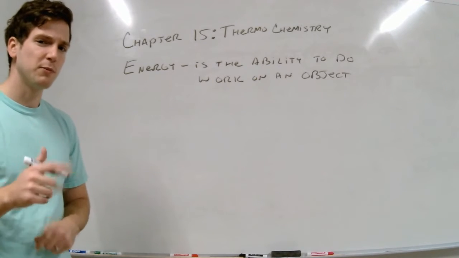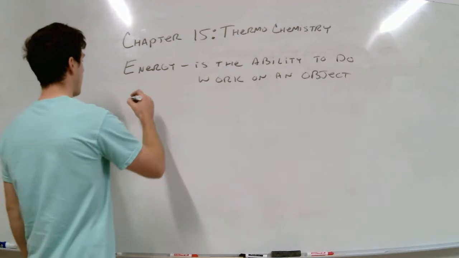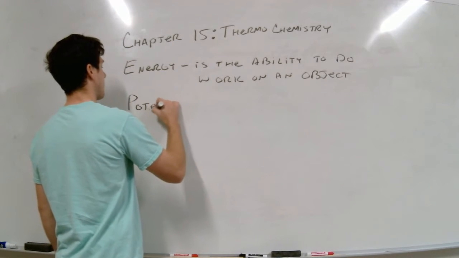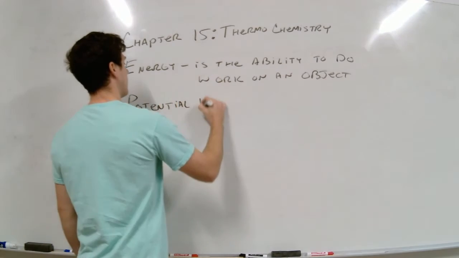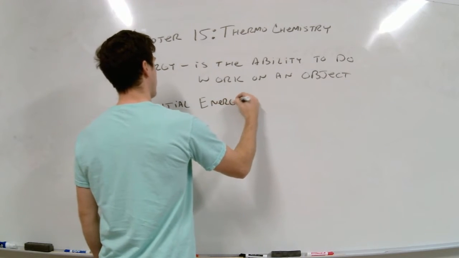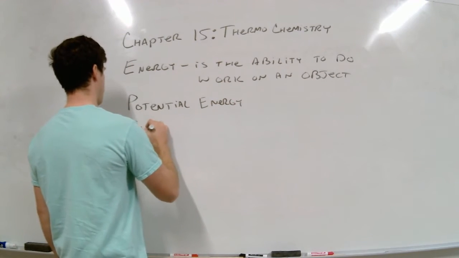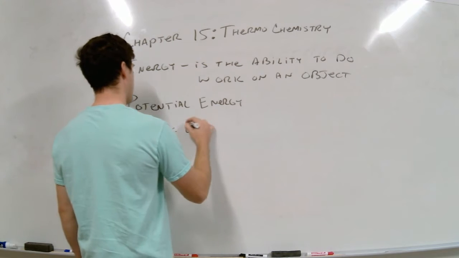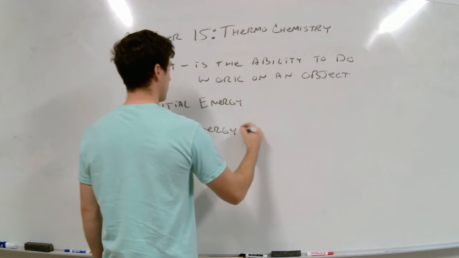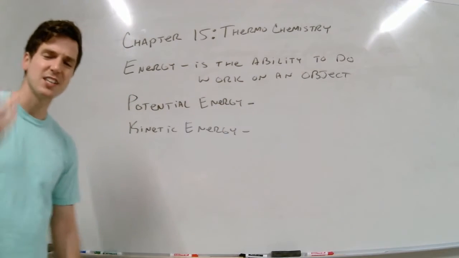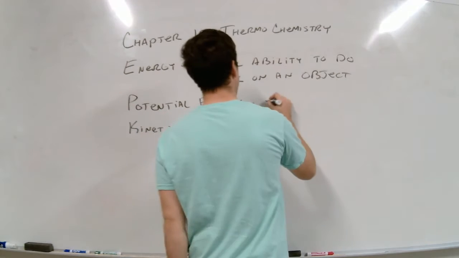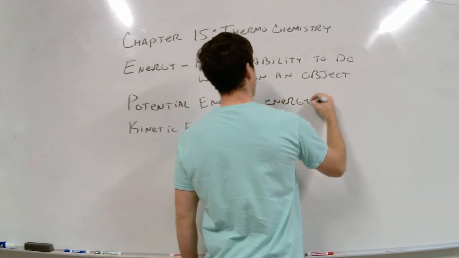And the two types of energy that we're going to focus on first are potential energy and kinetic energy. And you've probably learned about these before. Potential energy is just energy based on position.